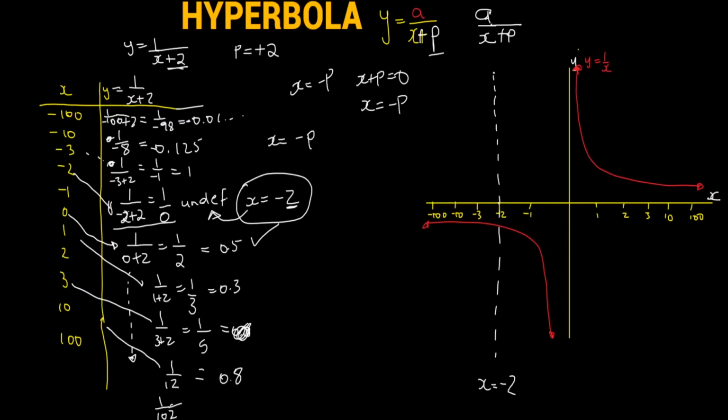That means your vertical asymptote is going to have the opposite sign of p from the original equation. So you need to note that when they say write the value of p, p is positive in this case, right? So that means the asymptote is minus p, which is minus 2. This is what I want to emphasize. Don't just write, oh, okay, p is equal to 2. No, the value of p is minus 2.